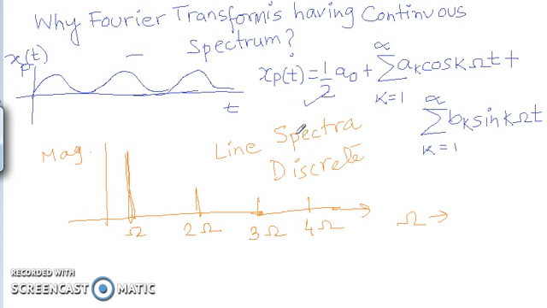Now, how will it change for the same type of signal when the signal is similar but is not periodic, that means it is aperiodic in nature? We perform Fourier transform, and at that time we get that the spectrum becomes continuous in nature.